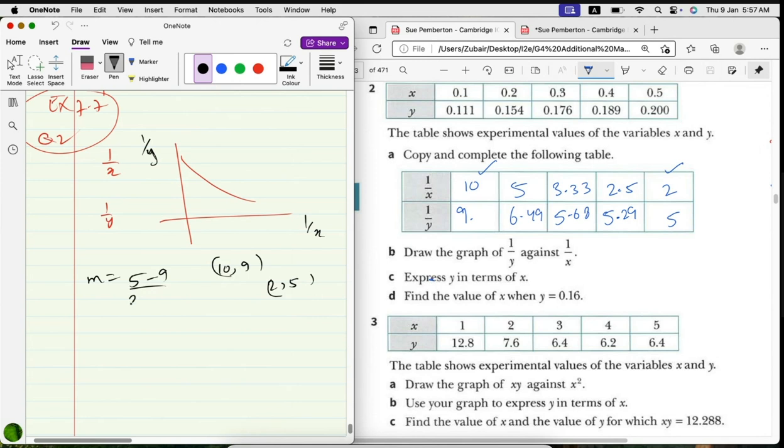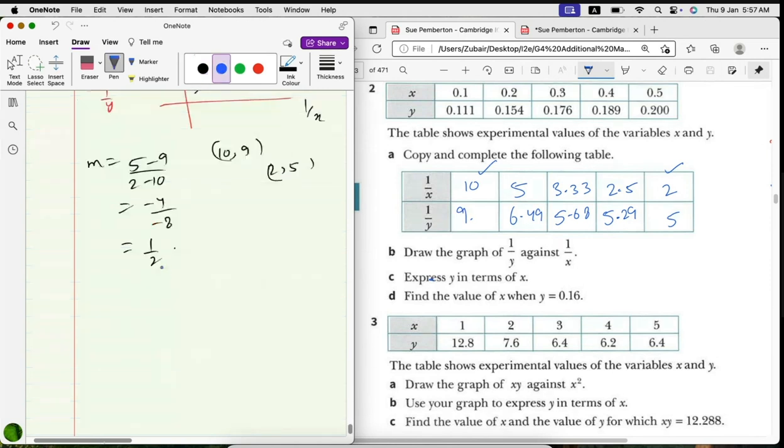Y2 minus Y1 over X2 minus X1. This is minus 4 over... Both are decreasing, so directly proportional. Gradient is 1 by 2.